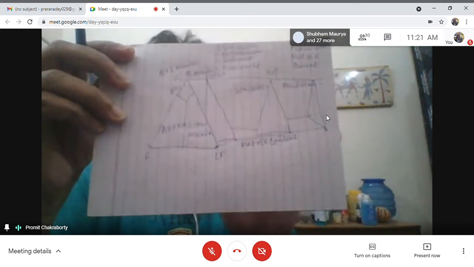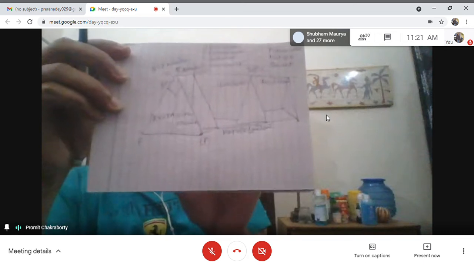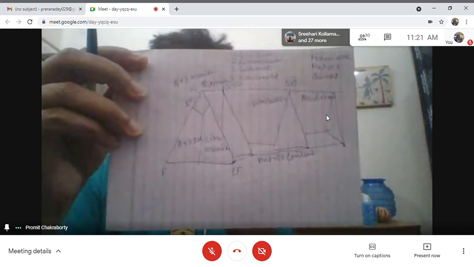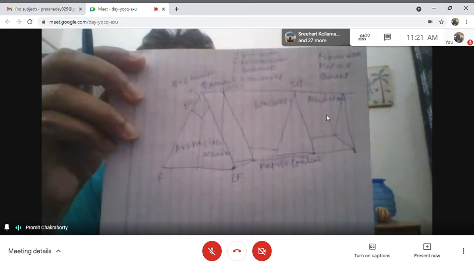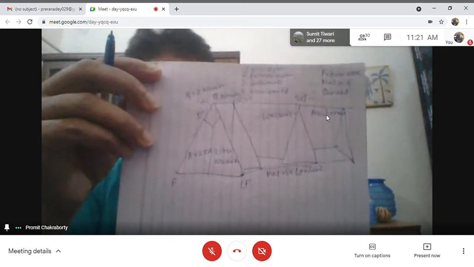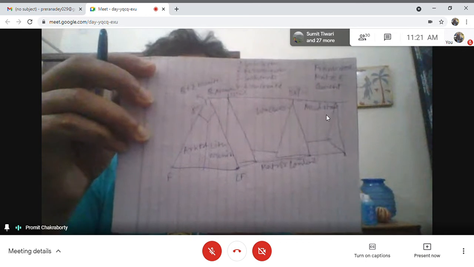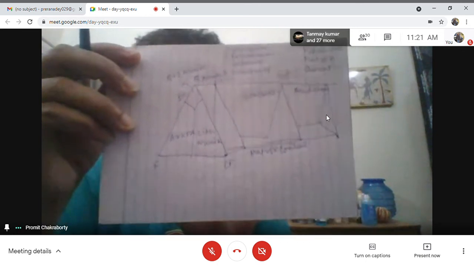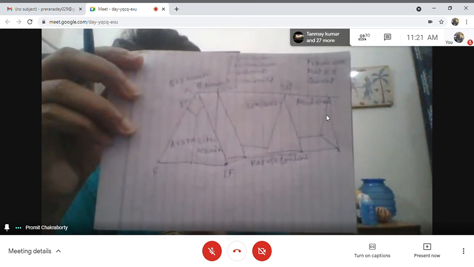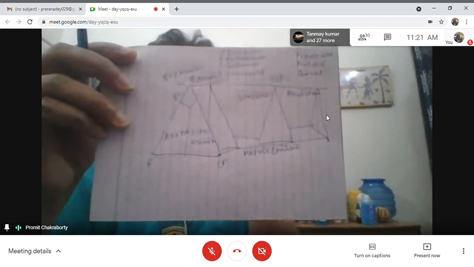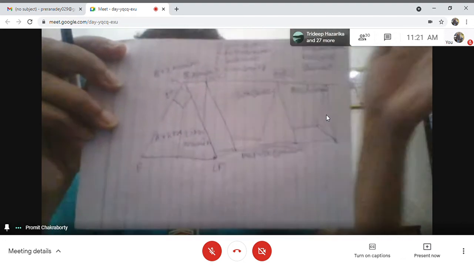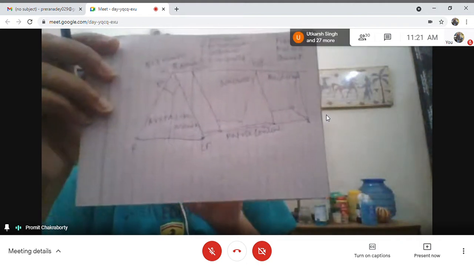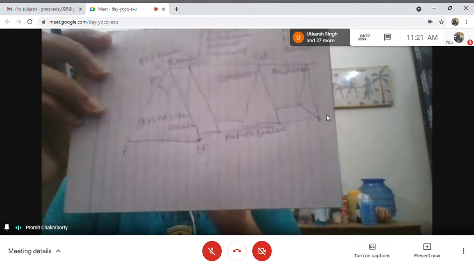Now, what are the major things considered in the diagram? First of all, the relative abundance of quartz, feldspar, and lithic fragment. That is the mineralogical maturity. The more stable mineral quartz you get, the more mineralogically mature it is. The second criterion is the matrix content.